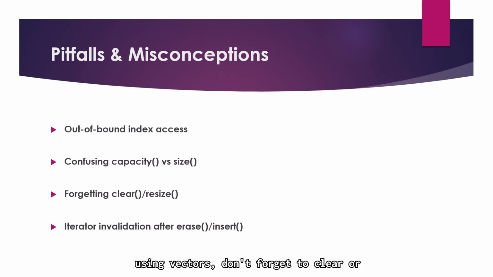If you are using vectors, don't forget to clear or resize them, or you might be building on top of stale data. And a big one, iterator invalidation. If you use insert or erase, it may invalidate iterators you are using in loops. This leads to subtle and painful bugs. Be mindful of this. Avoiding them will make your STL usage clean and professional.